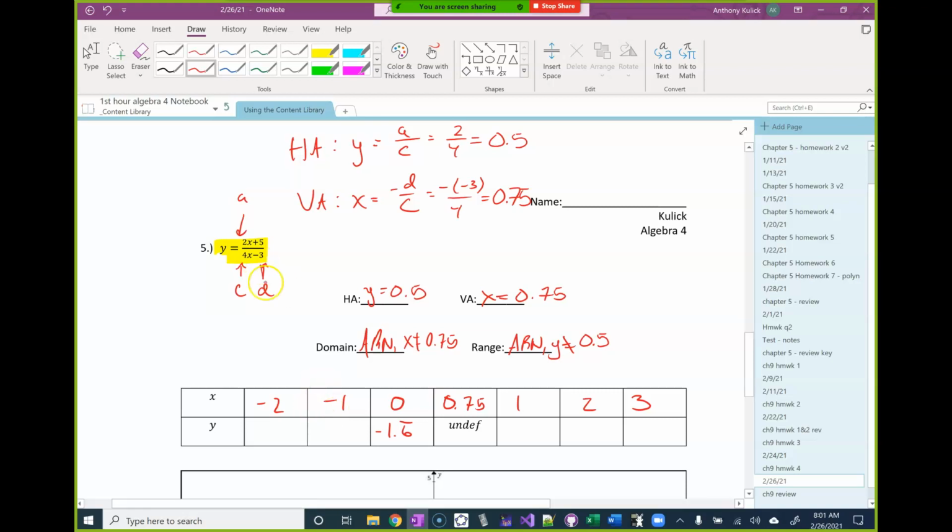Let's see, I plug the -1 in, that's going to be 3/7. I think that's like 0.42-ish. I'm trying to remember now. And plugging -2 in, that's going to be 1/11, or -1/11, but it's pretty close to 0.1.